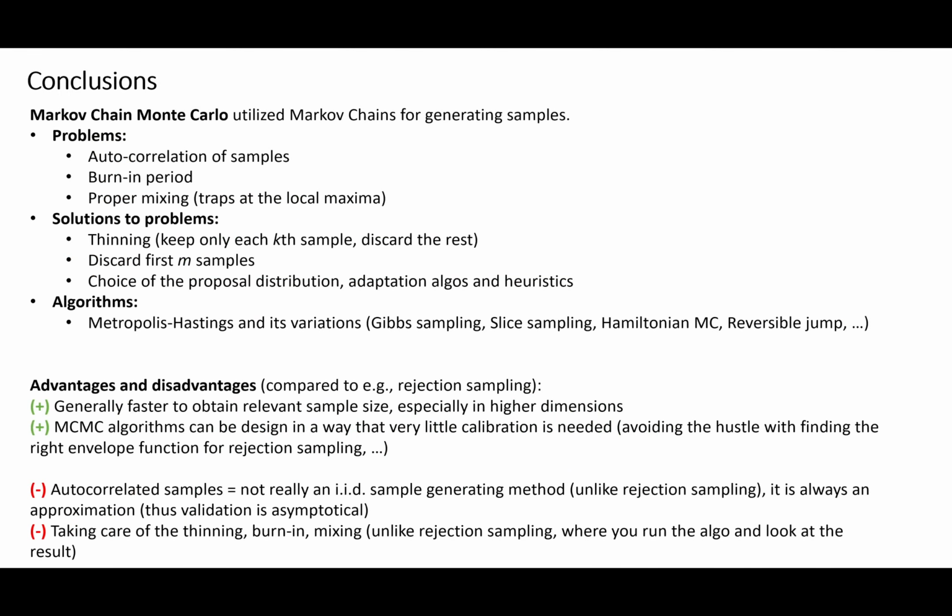Okay. So the conclusion: Markov chain Monte Carlo utilizes Markov chains for generating samples. It has some issues, we tackled them. It has some solutions to these issues, and overall Markov chain Monte Carlo is a very general, generally usable algorithm, very versatile.